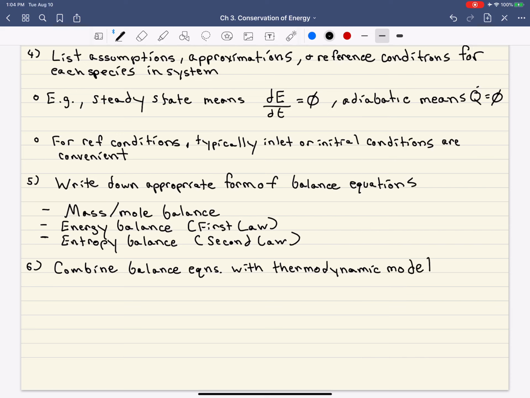There are many examples of thermodynamic models. Some examples include your pressure, volume, temperature equations of state, so equations that relate those three properties together. The one that you're most familiar with is the ideal gas law.